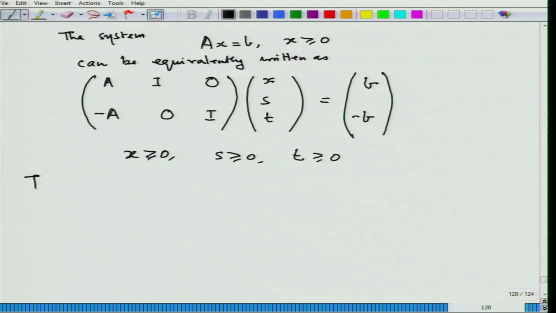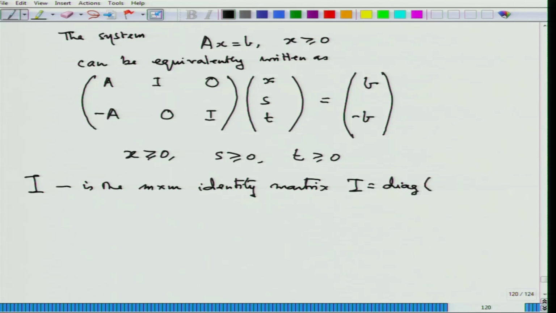Here I is the identity matrix, the m cross m identity matrix. So, I is nothing but diagonal 1 1, m times.